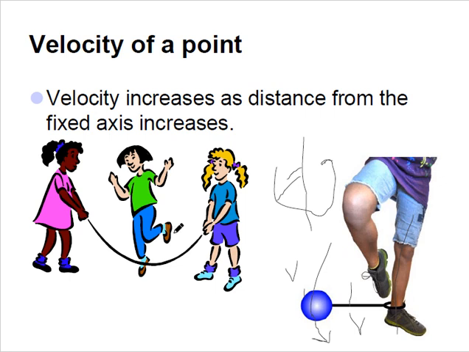So your jump rope is a little bit difficult for you to see because the handles are going to move slowly, closer to the center. The middle of that rope, which is this guy, is going to move faster. This one is easier for you to see. So the foot is going to move slowly because it has a smaller radius, and the ball is going to move fast because it has a larger radius.